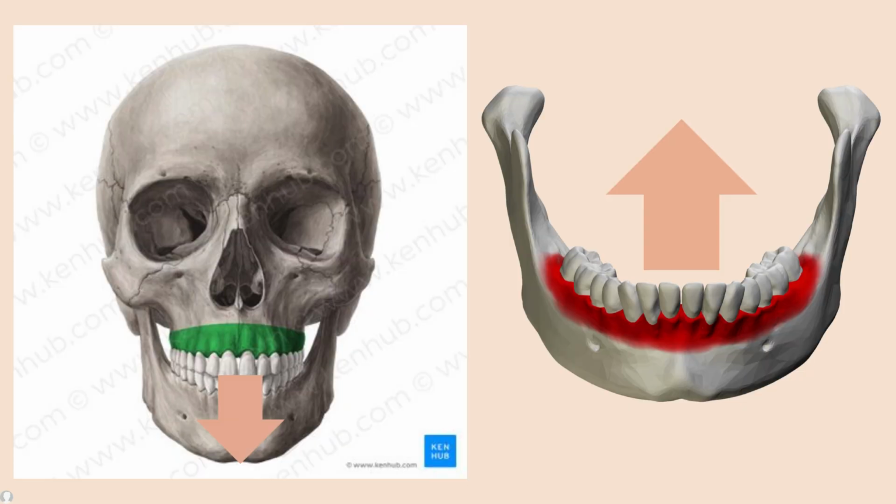Superior or inferior depends on the position of the teeth. On the left side, on the maxilla, the teeth are positioned down. That's why we said inferior surface. Whereas on the right side, that is the mandible, the teeth are positioned up. So that's why we said superior surface.